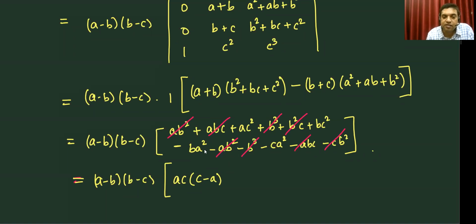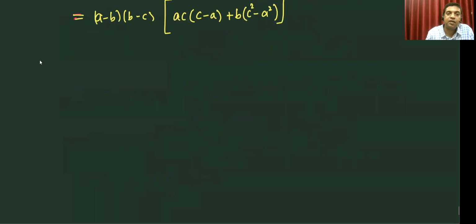BC square minus BA square. So plus B times, you get C square minus A square. You can simplify this, write this as A minus B into B minus C, and C minus A you can take common.